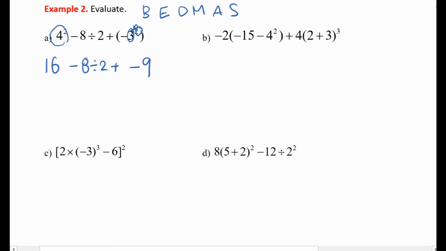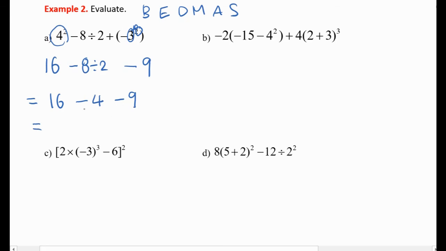Okay? And after that, 16, so minus, plus. So when positive and negative are together, you can just omit the positive sign. So it's 16 minus 8 divided by 2 minus 9. Okay? Then are we doing subtraction first or division first? So we're doing the division first, right? 8 divided by 2 is 4, minus 9.